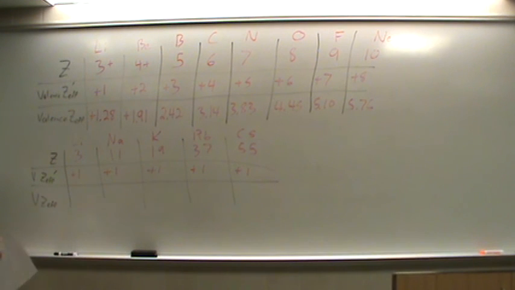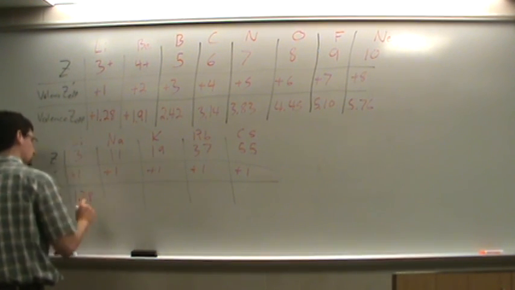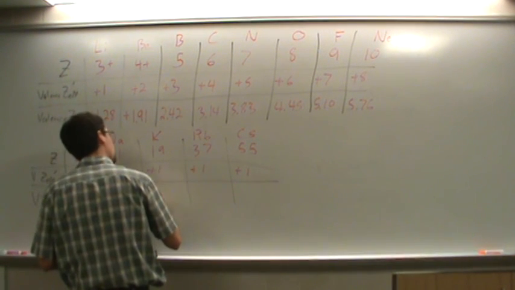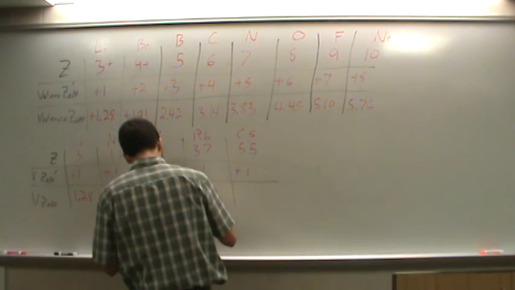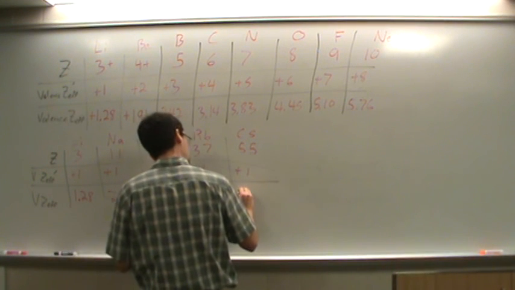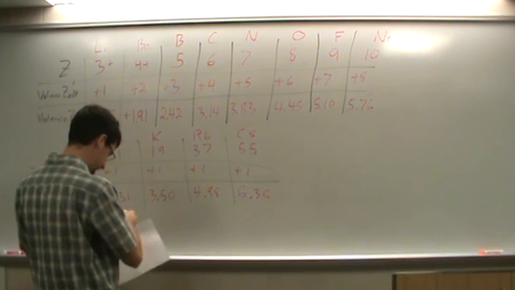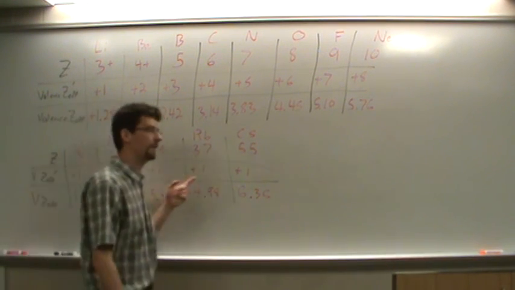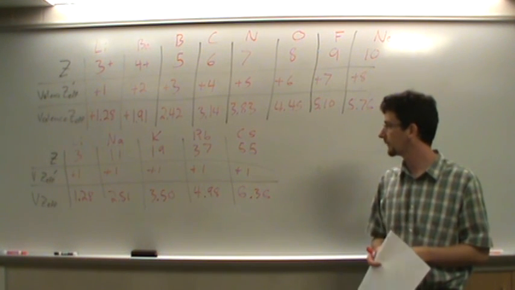Now, what about the actual effective nuclear charge? For lithium, it remains 1.28. For sodium, it'll be 2.51. For potassium, 3.50. For rubidium, 4.98. For cesium, 6.36. So an important point is that our approximation, Z effective prime, is actually not working out.